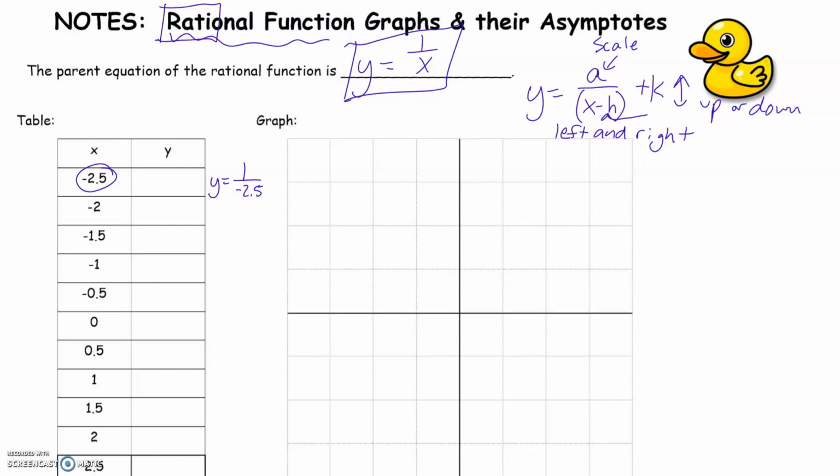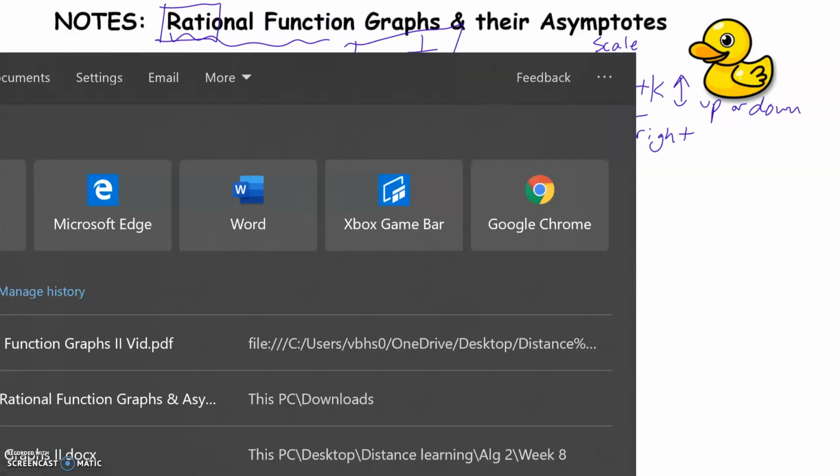All right. So now I went ahead and calculated all of these. Where I'm doing this is just take your calculator.